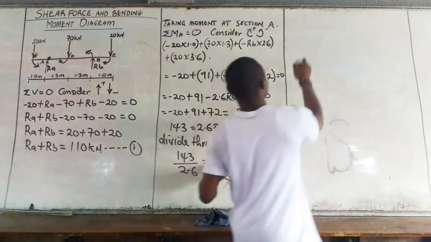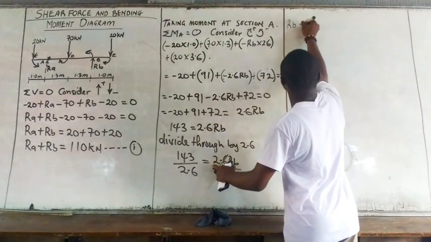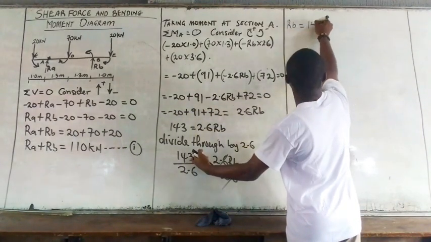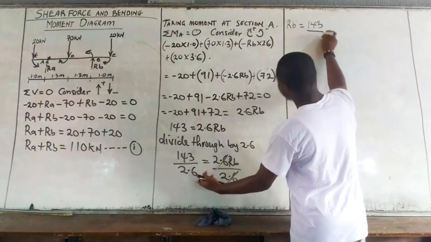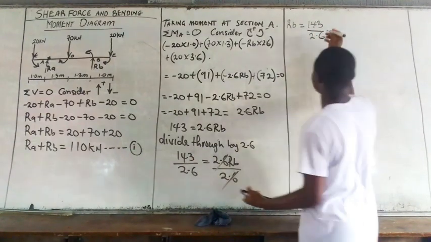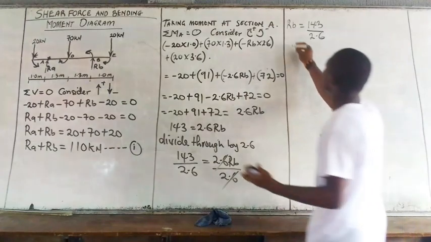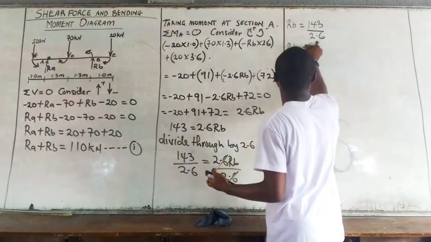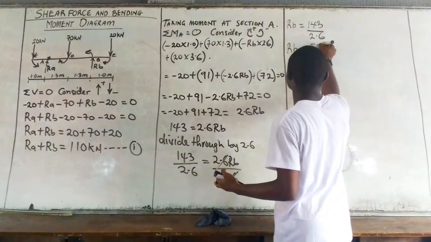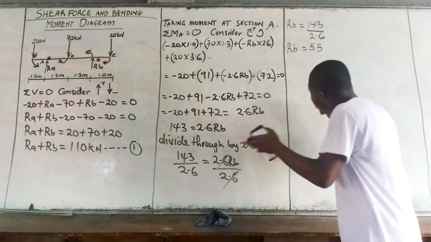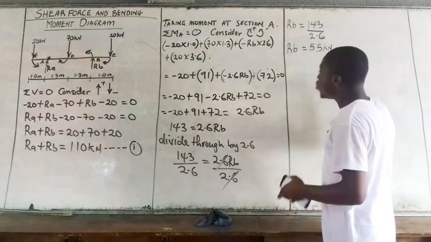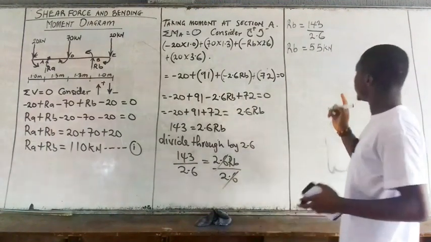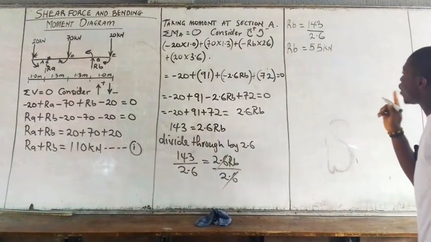My RB is now equal to 143 divided by 2.6. Hence, think about this. 55. My RB now is equal to 55 kilonewton, please. Please put the unit there. Now I've gotten my RB.